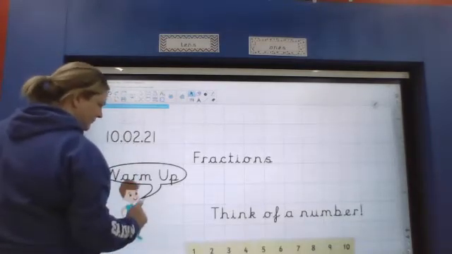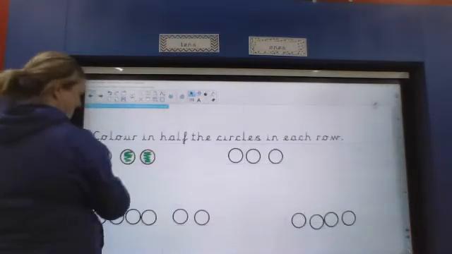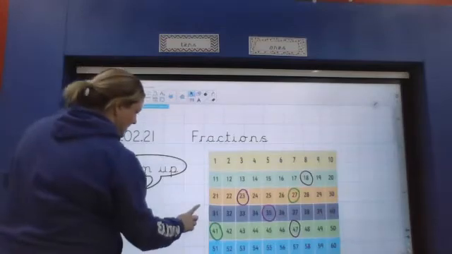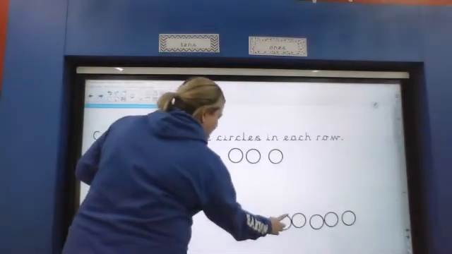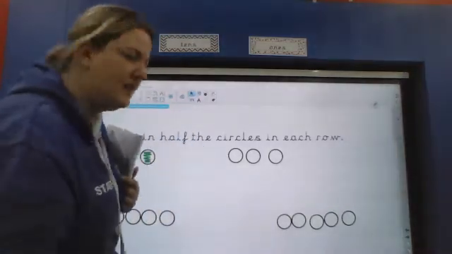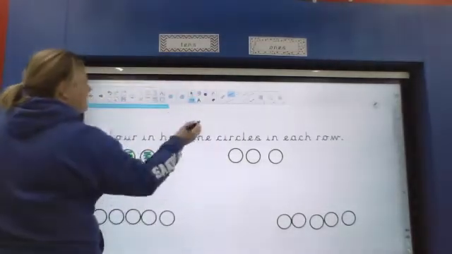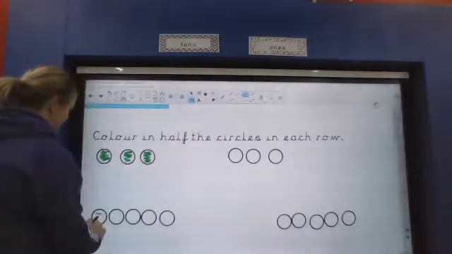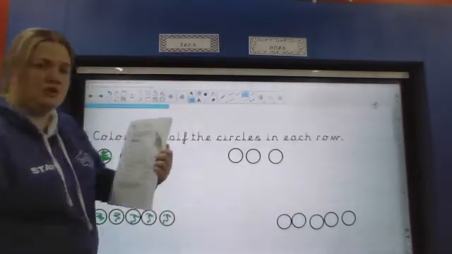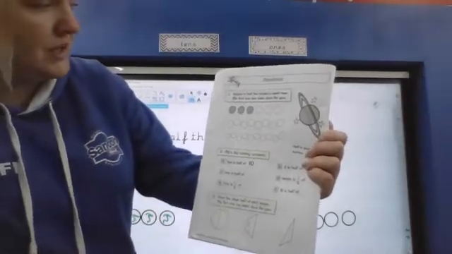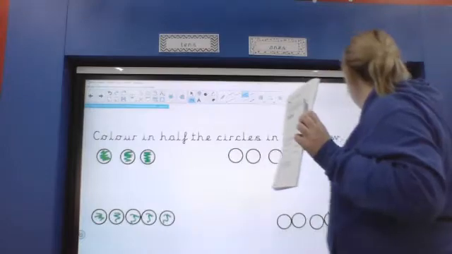Oh dear. Come back. Ready? 5 and 5. So I know that half of 10 is 5 because there's 5 on that side and 5 on that side. They're both equal. So I would colour in 5. Okay? So just looking at this page 22, question 1, you are colouring half of the amount of circles.